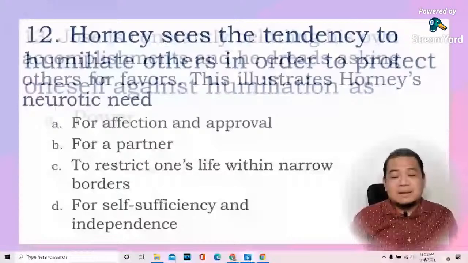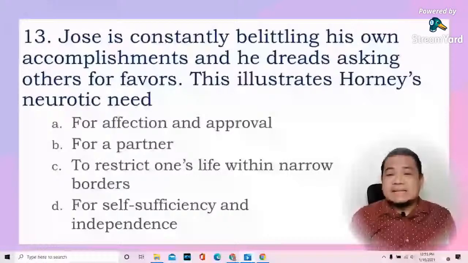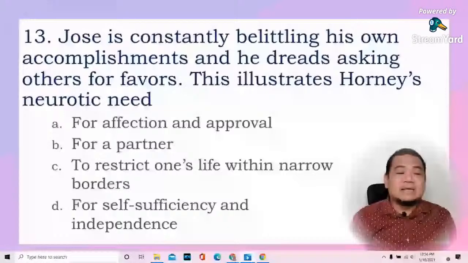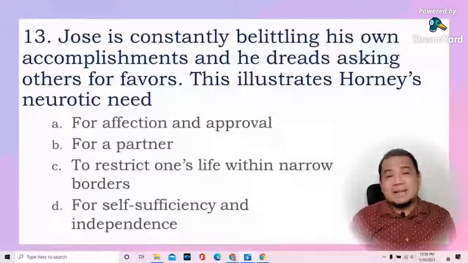Jose is constantly belittling his own accomplishments and he dreads asking others for favors. This illustrates Horney's neurotic need A, for affection and approval, B, for a partner, C, to restrict one's life within narrow borders, or D, for self-sufficiency and independence.